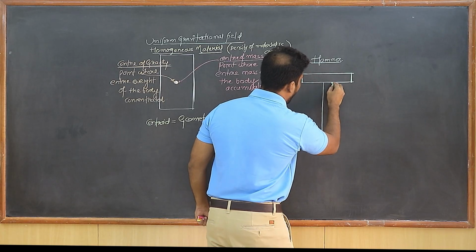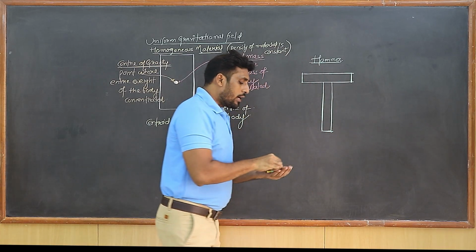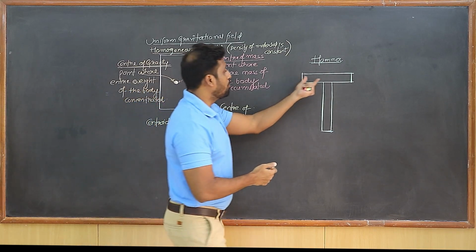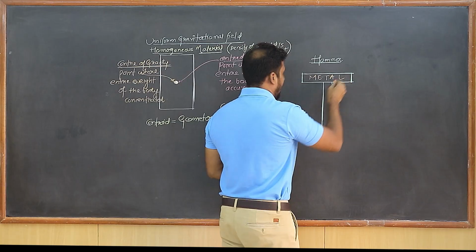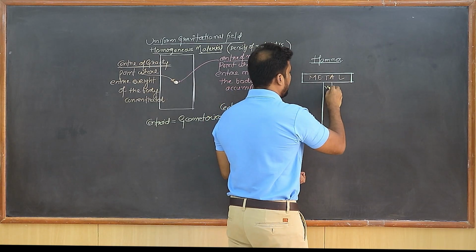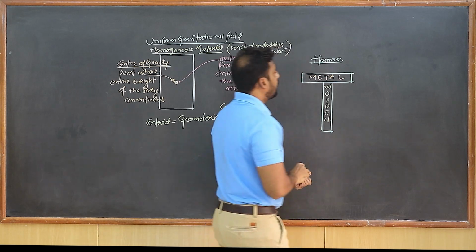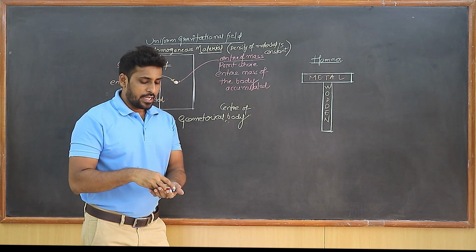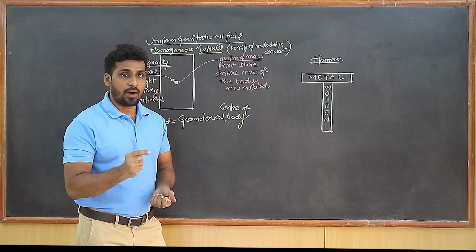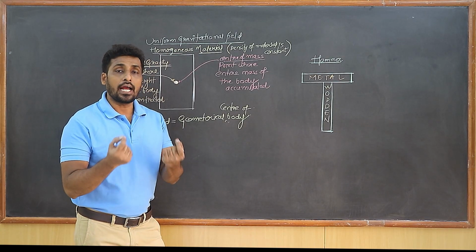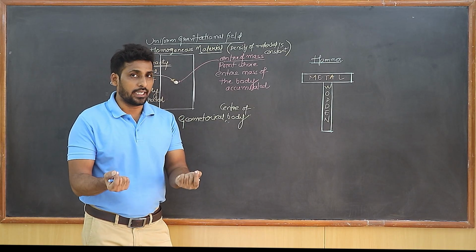So let's draw a T shape over here. Now, what I'm going to do here is I'm going to take the metal piece over here. This is the metal piece, iron piece, and then I have a wooden piece over here. Now, obviously, if you want to get the center of mass, students, it is a matter content of the body, and the matter content will be accumulated at one particular point, that is called the center of mass.